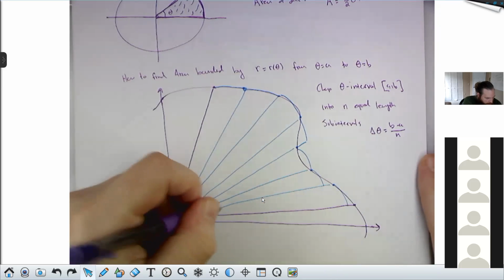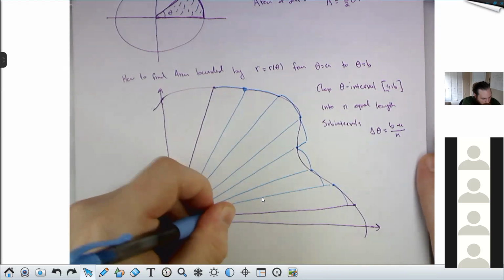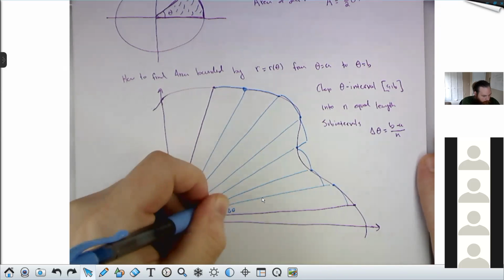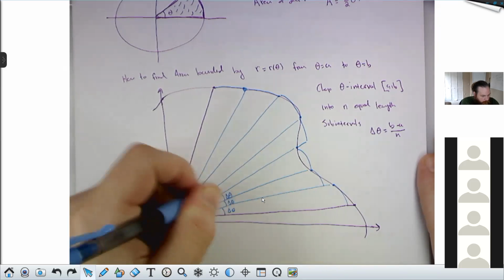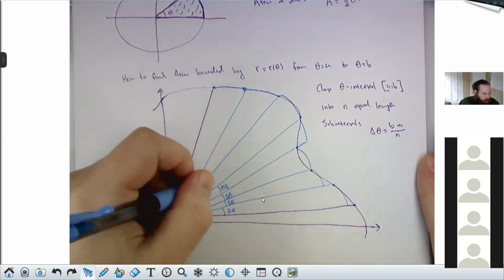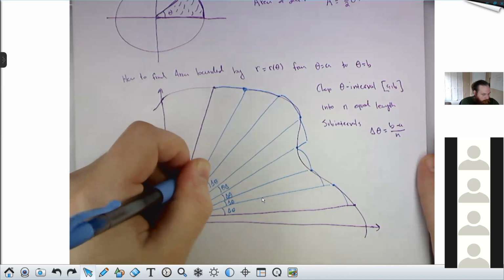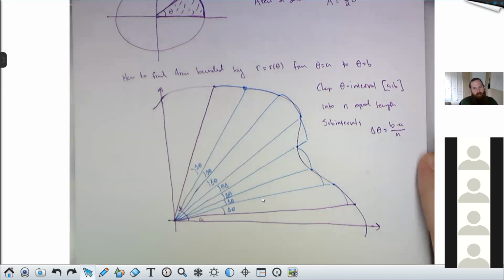So like this little angle in here is delta theta. This little angle in here is delta theta, and so on. That's the idea.